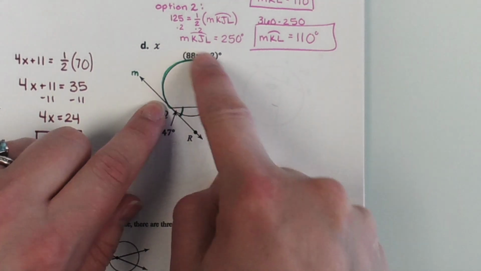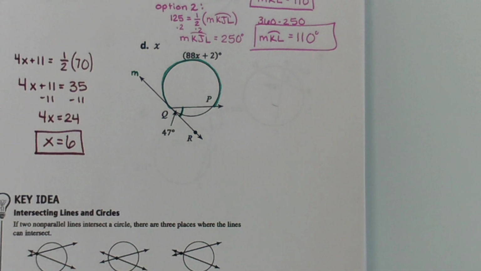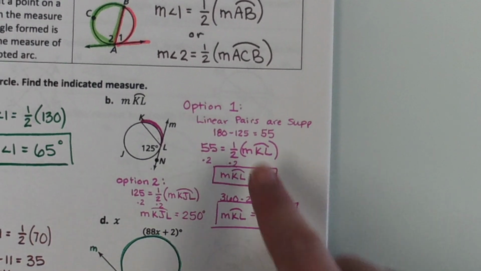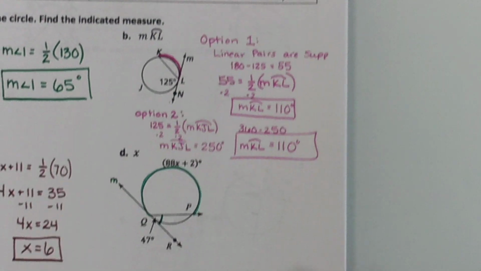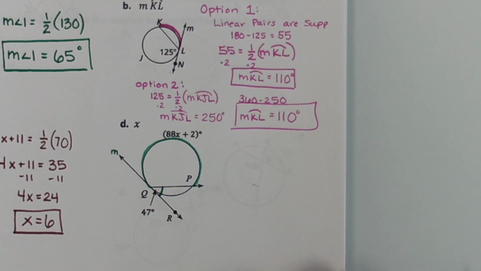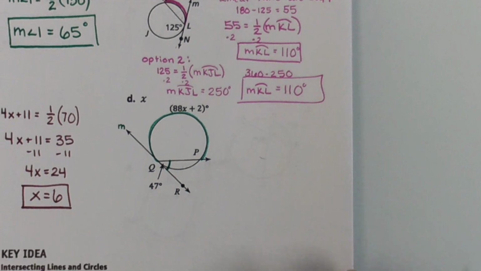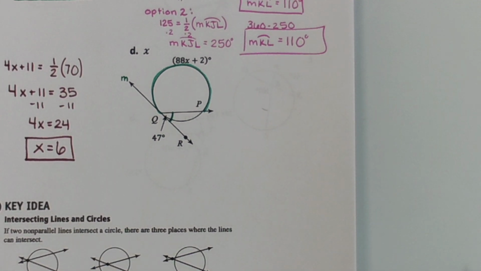That angle goes with that arc. So, here's where I have to bring one of these two options into play. One of those two options is going to be easier than the other. Actually, this one's not terrible either way.